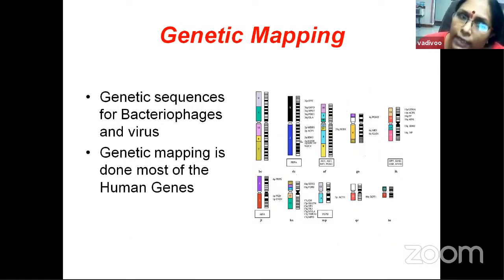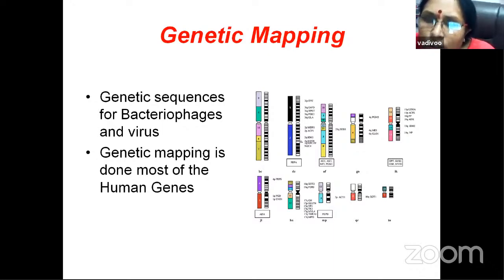And next is genetic mapping. Here genetic sequences are mapped, mostly for bacteriophages or viruses. The latest technology is next generation sequencing, or whole genome sequencing, a modified technology.